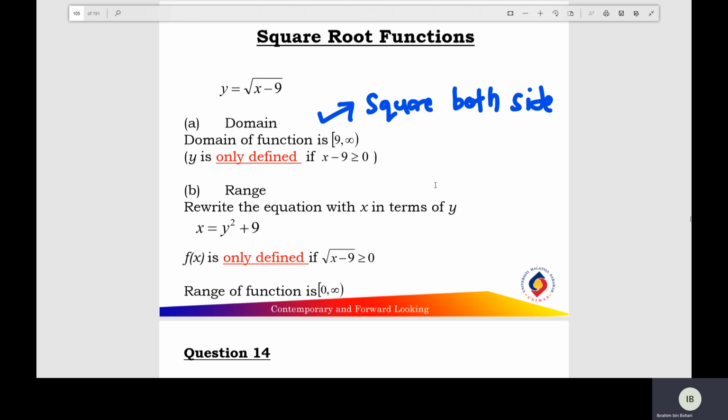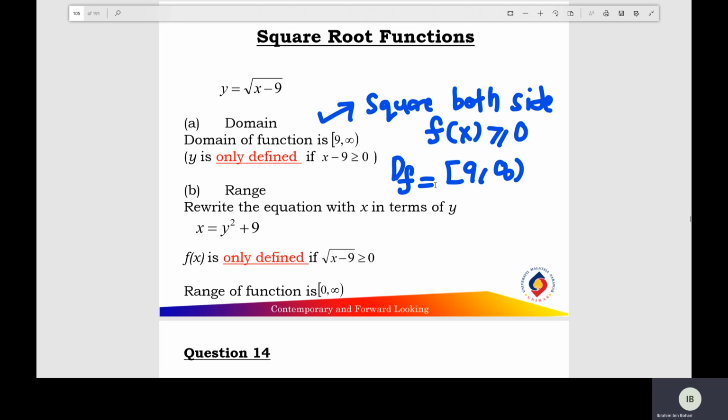Using the square root, you let the function f(x) greater than or equal to 0, and then you square both sides, and then you find the value of x here. And the domain of the function, so you write it down in interval notation. Start at 9 to positive infinity.